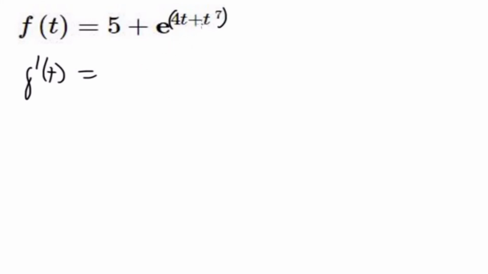So 4t plus t to the 7 differentiated gives you 4 plus 7t to the 6. And now all you do is you just pop back in your normal exponential value here at the end. So you've got e to the (4t plus t to the 7). And that's literally how you do it. It's really simple once you know how the rules work. So yeah, well done if you got that.